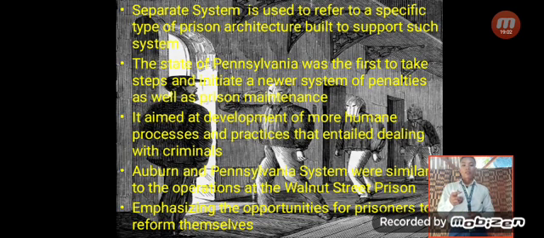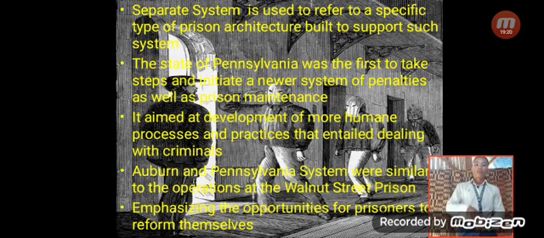More commonly, however, the term separate system is used to refer to the specific type of prison architecture built to support such a system. The state of Pennsylvania was the first to take steps and initiate a newer system.